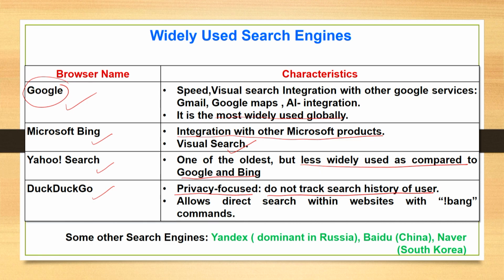Other search engines available are Yandex, Baidu and Naver. I have discussed only these because Google, Microsoft Bing, Yahoo Search and a little bit of DuckDuckGo are the most widely used, and Google is the most popular search engine.